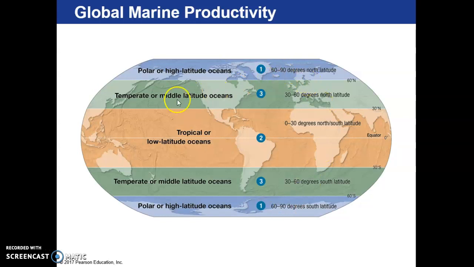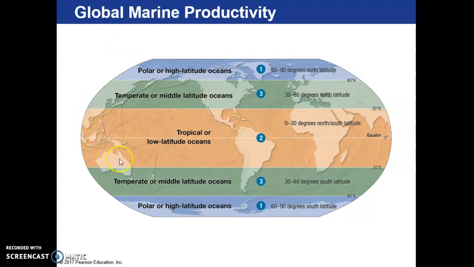Now, you would think that your temperate or middle latitudes would be second place after the polar oceans, because their ocean temperature is just a little bit warmer, not much. But we see that they're actually in third place. That's because if you think about what happens here, you have a north gyre and a south gyre in each of these middle latitude areas, and remember that gyre pushes everything down toward the seafloor.